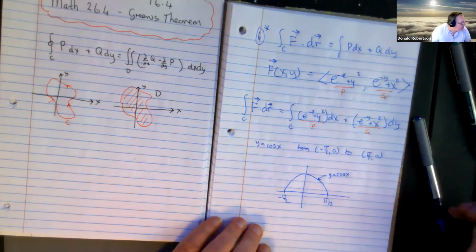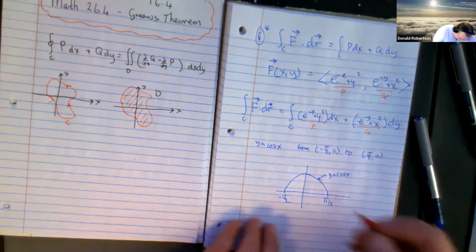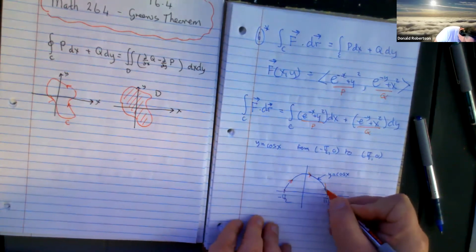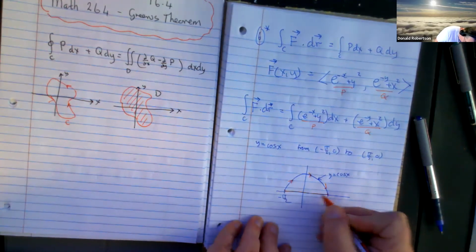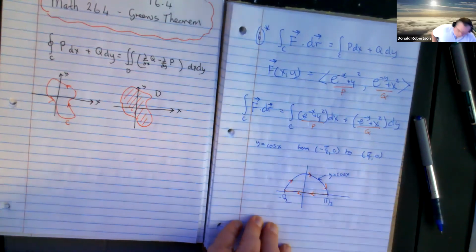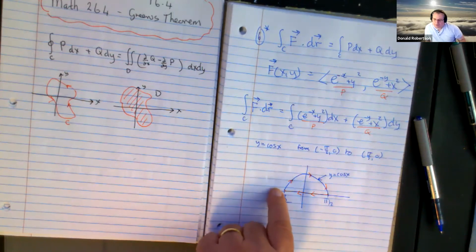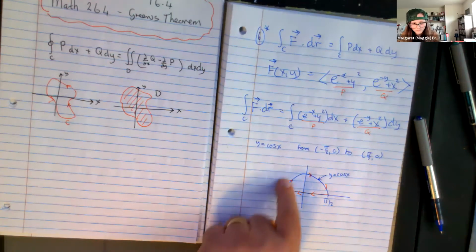The sneaky little darlings. You're going from here to here, and then you're coming home. What orientation is that? Clockwise. Negative. Yeah.